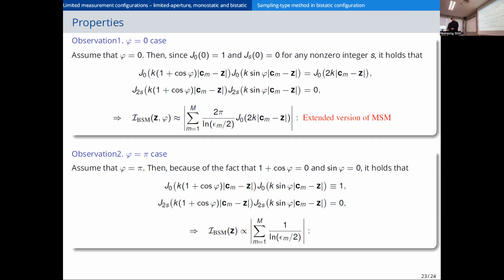But from this asymptotic formula theoretical result, we can find that this is the worst case. If varphi equals pi, BSM is proportional to a constant. So if varphi is pi, the crack cannot be identified.